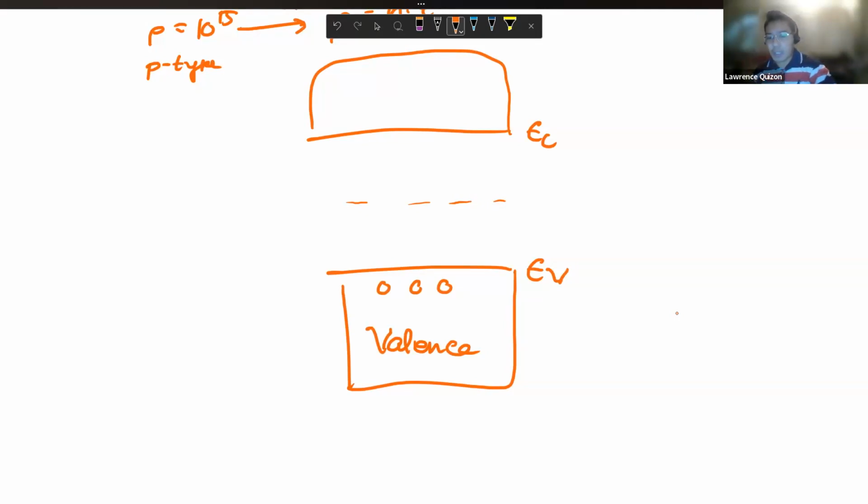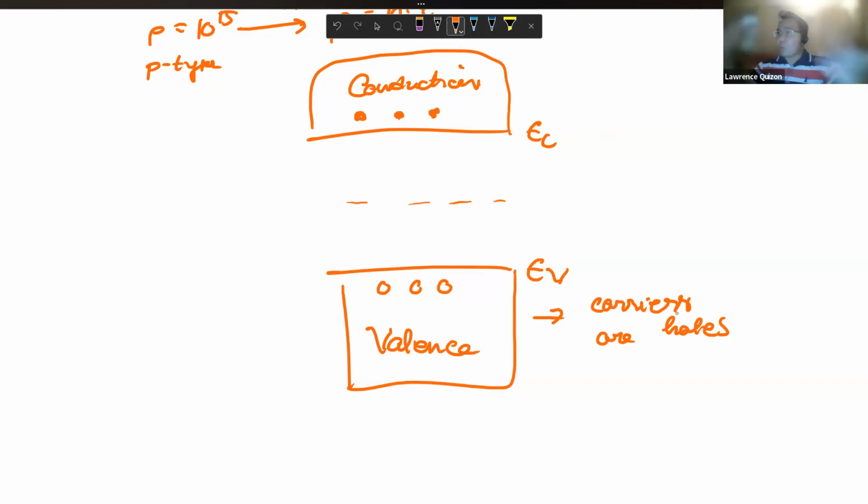And that means carriers in the valence band are holes, no? In the conduction band, your carriers are electrons. It's like you have a lot of holes in the conduction band, but only some electrons, no? And those carriers are electrons, no? So yun lang naman yun.